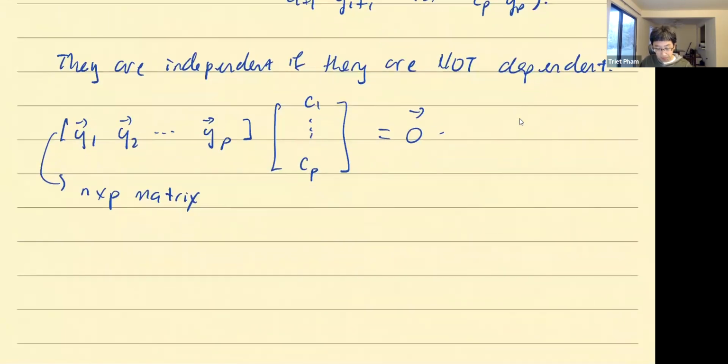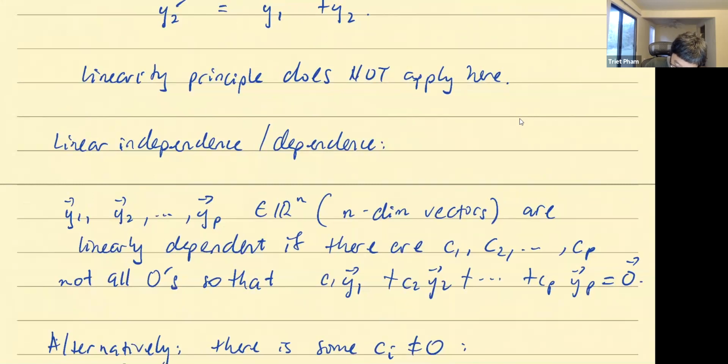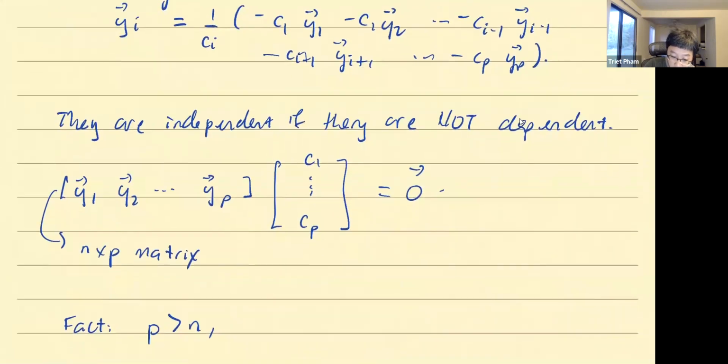Okay, so you see the connection very soon to the ODE. So right now, one more fact. Nope, eigenvalue will come later. Right here has nothing to do with eigenvalue yet. So one more fact. If p is bigger than n, so if you have a collection of n-dimensional vectors where you have more vectors than the dimension, then they are guaranteed to be dependent.